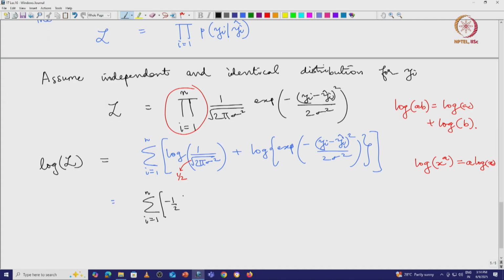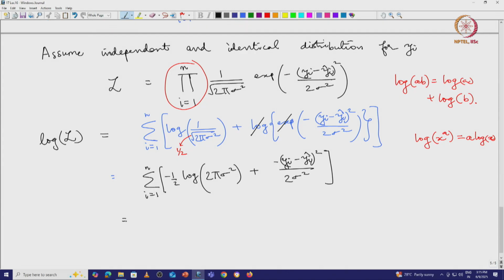So it is minus half log of, sorry, there is no root anymore, 2 pi sigma squared. Now for the second term, you know that the log and the exponent, they are inverse functions of each other. So essentially they counteract each other, and you are simply left with minus yi minus y hat whole squared divided by 2 sigma squared.